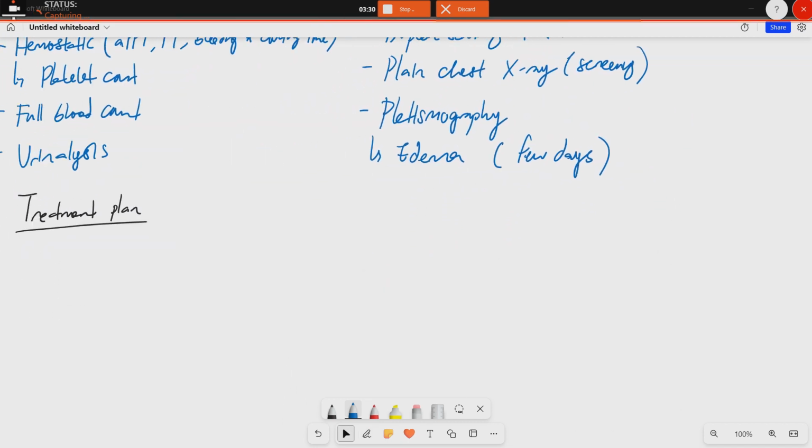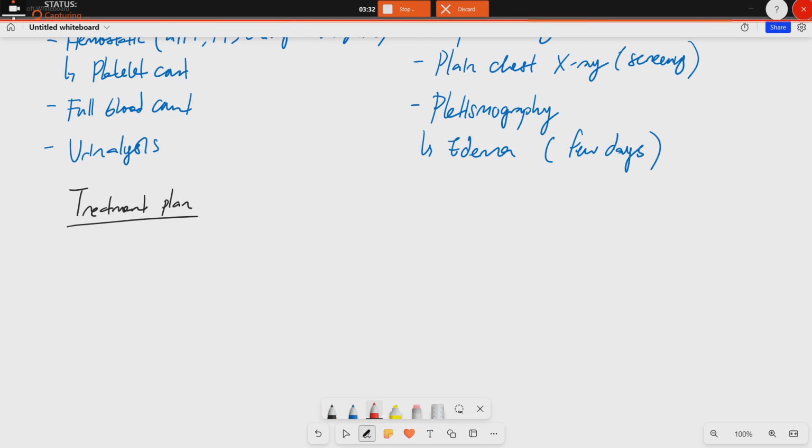For the treatment plan, what I would order for the patient is firstly anticoagulants. This is to stop the thrombus from growing, and one of them is heparin, due to the condition of the patient. Heparin is needed to prevent the thrombus from spreading into the central venous system.